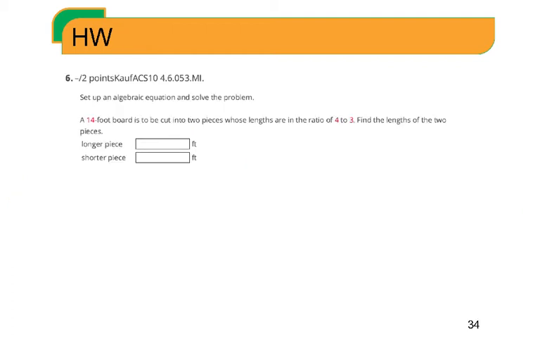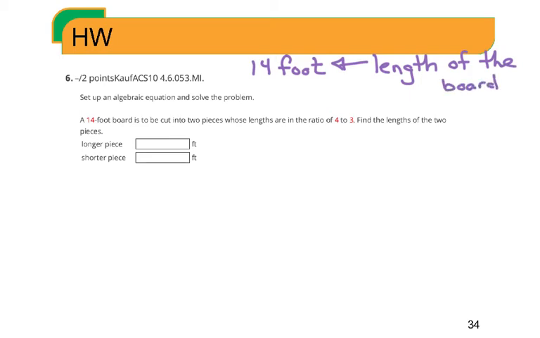All right, number 6. Word problem. A 14-foot board. This is the length of the board, which is not 100% clear. So it's 14 feet long.